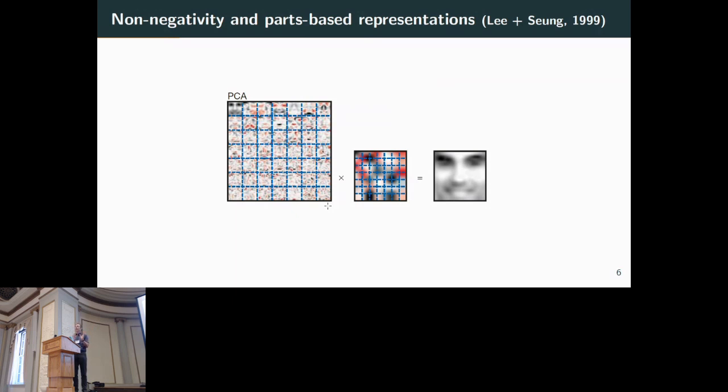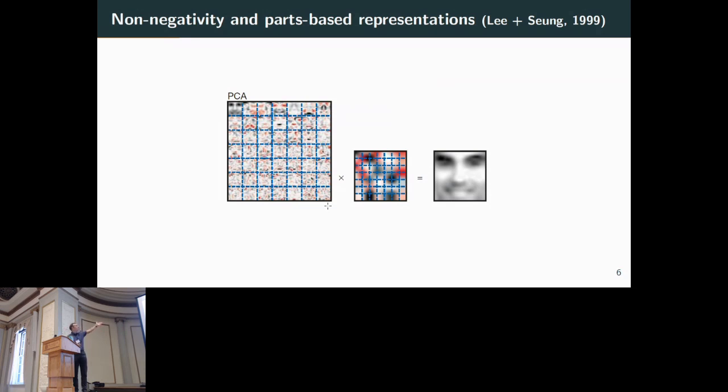But the difference is that now these things can be positive or negative. They don't have to be positive. And the result of allowing that additional flexibility is that things can cancel out.